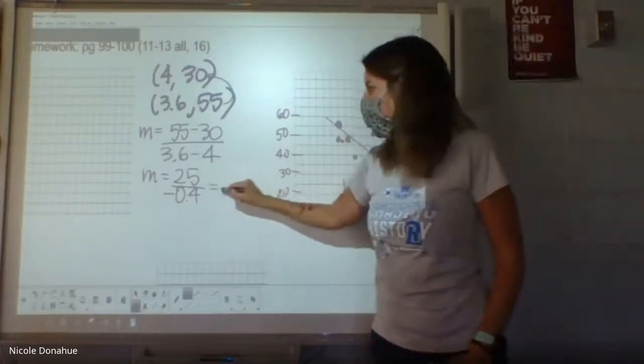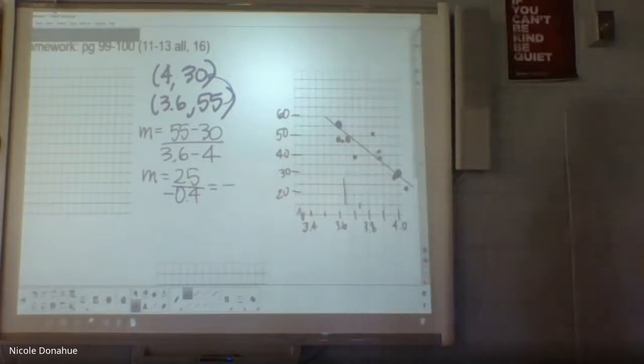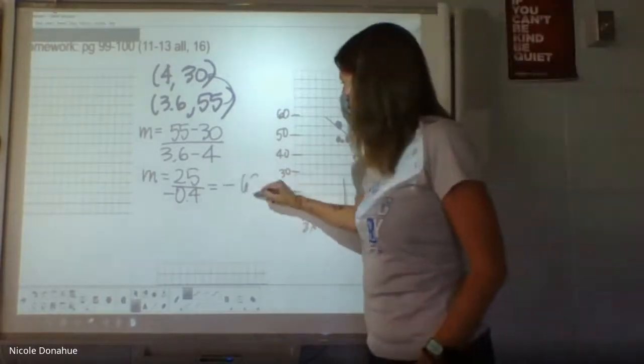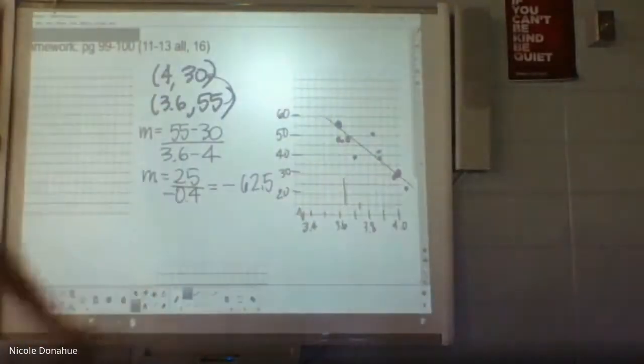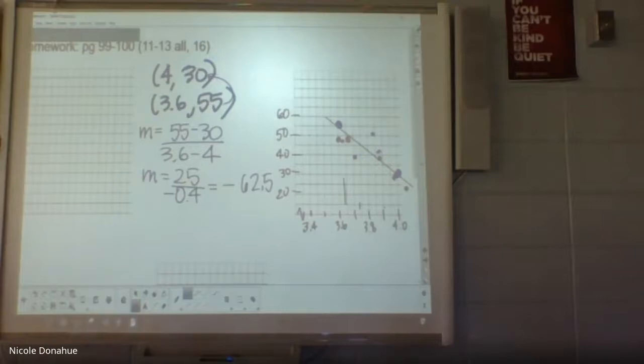What is that? Negative 62.5. My slope was negative 50 on my answer key. Negative 62.5, negative 50. It's okay, they're within range of each other.